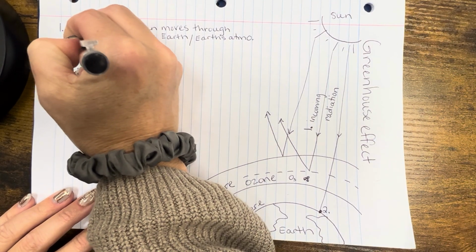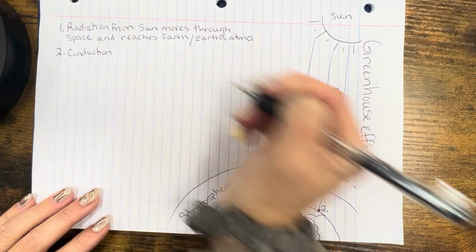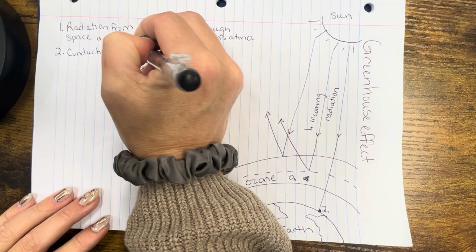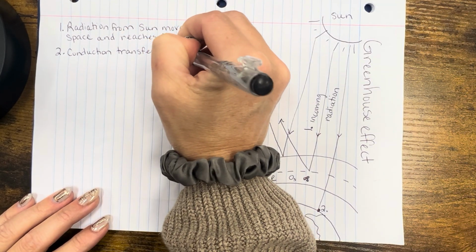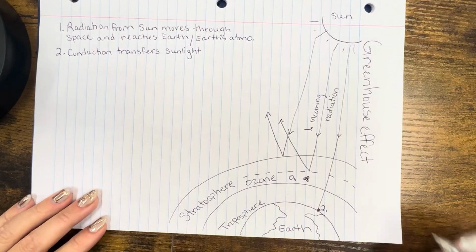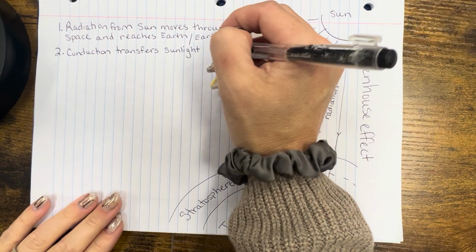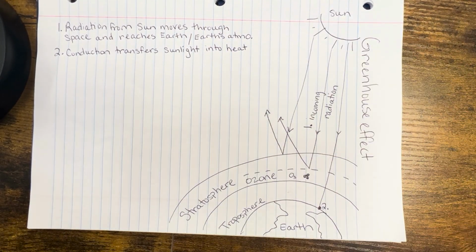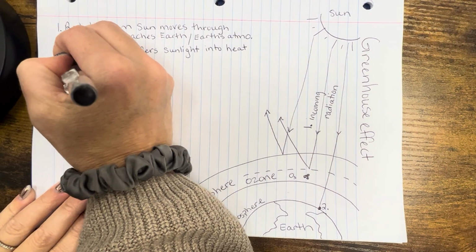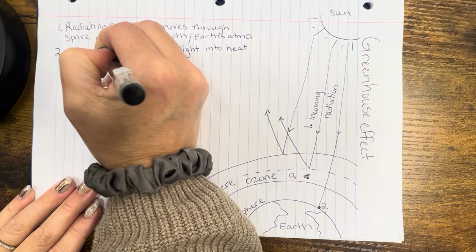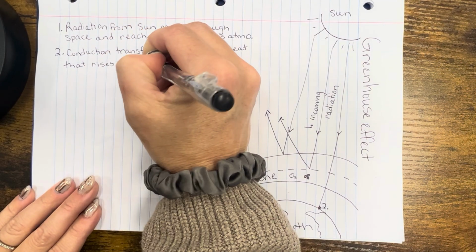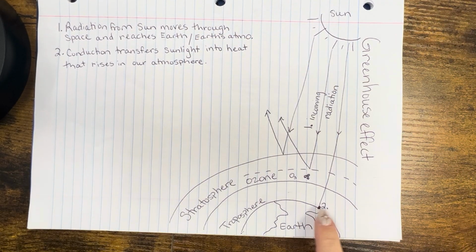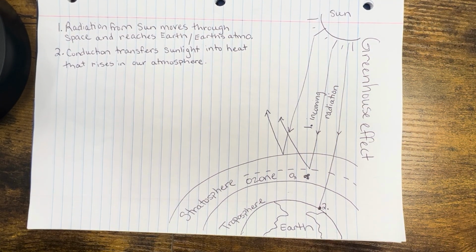Conduction transfers sunlight into heat that rises in our atmosphere. So step 2 is conduction.